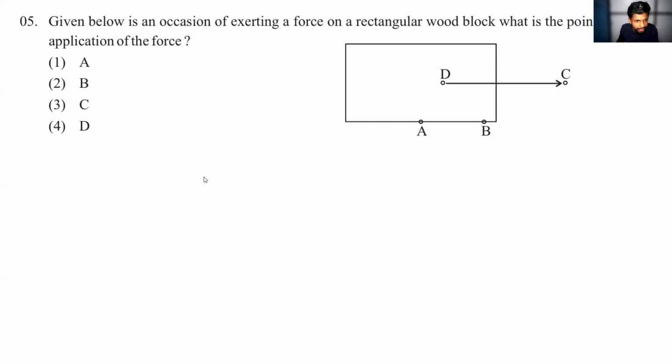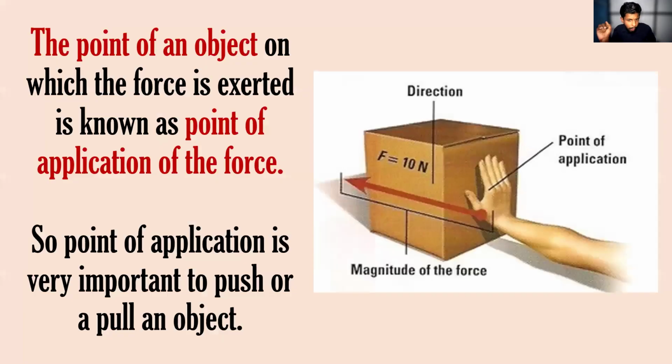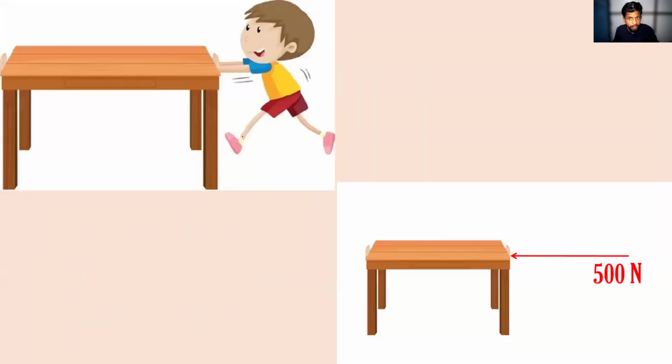Okay. Shall we discuss the question here? Listen here. Under the first part, we have discussed the point of application, right? So, the point where we are applying the force is the point of application. Under the graphical representation, if we want to represent the force, we will use an arrow mark, right? Just look at this picture.